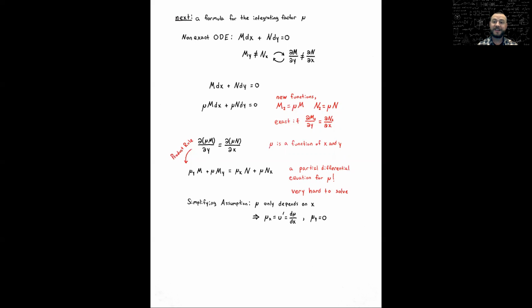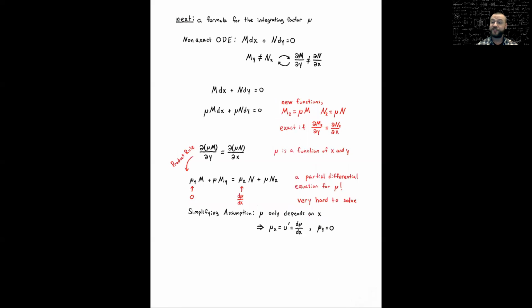All right, now let's go ahead and use that simplifying assumption above there. The partial derivative of mu with respect to y, that's what we have expressed there as mu sub y. That's then going to become 0 because of our simplifying assumption that mu only depends on x. We're going to replace mu sub x with regular differential notation, d mu over dx.